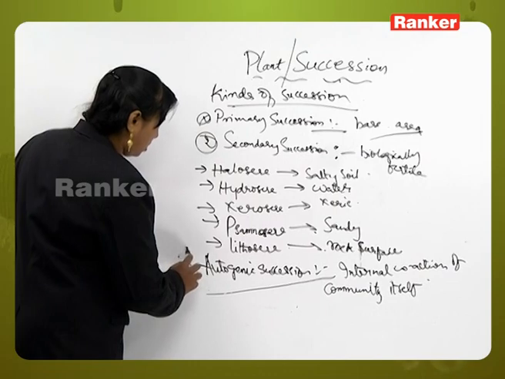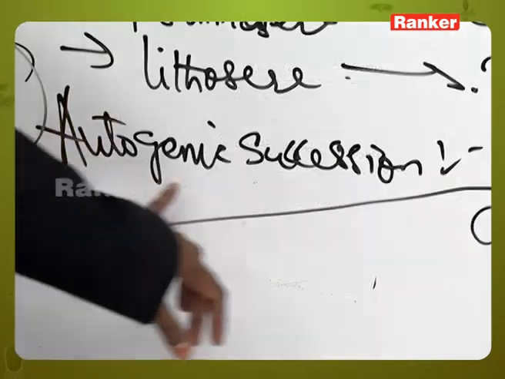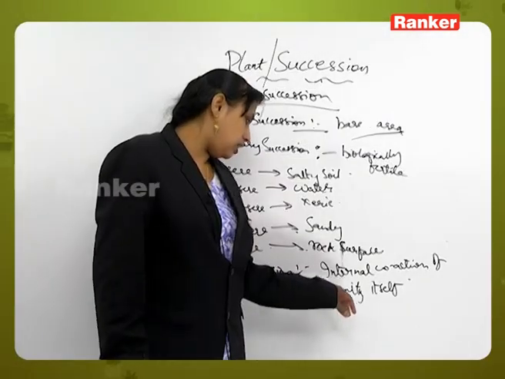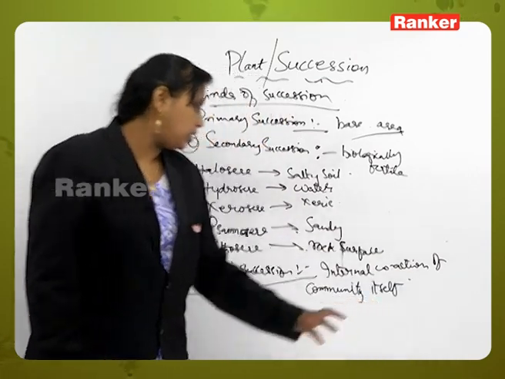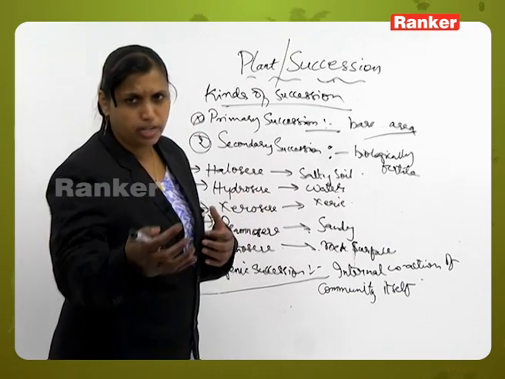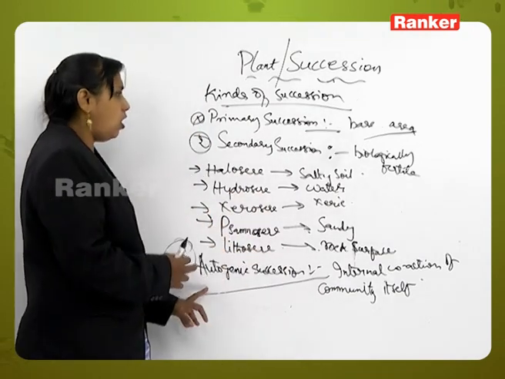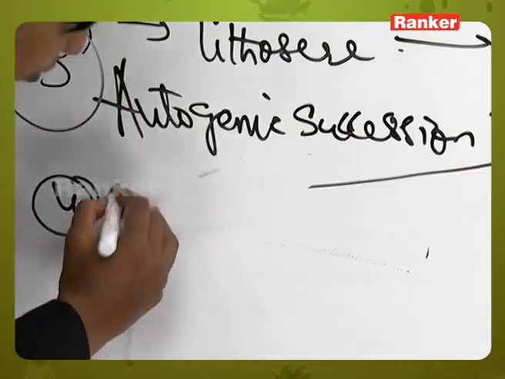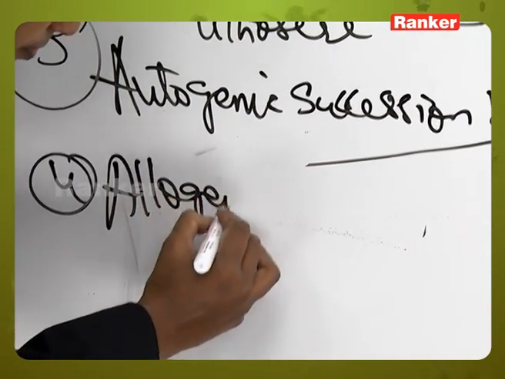The next one we are having is the third type of succession, that is autogenic succession. This type of succession occurs when there is an internal coaction of the community within itself and there is no interference of outside factors. And the fourth one is allogenic succession.